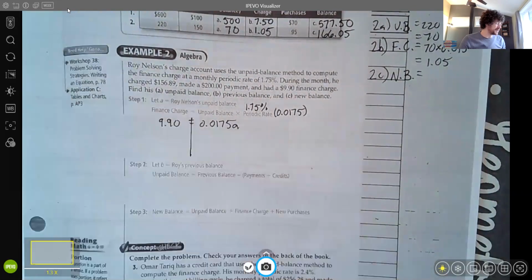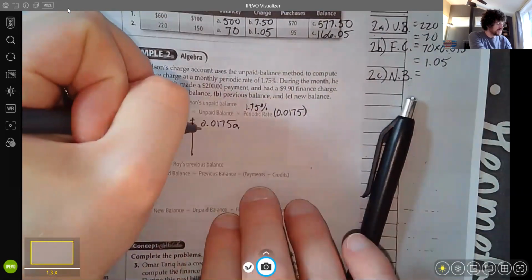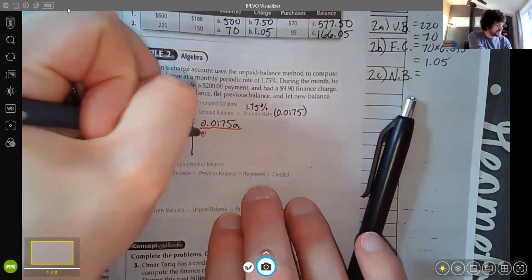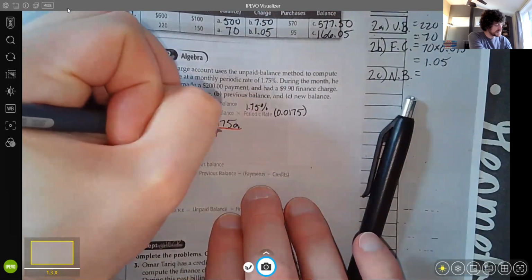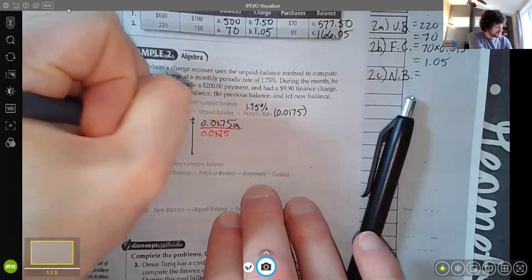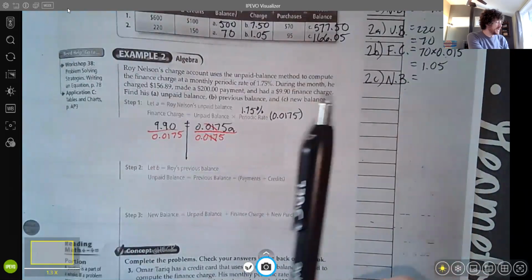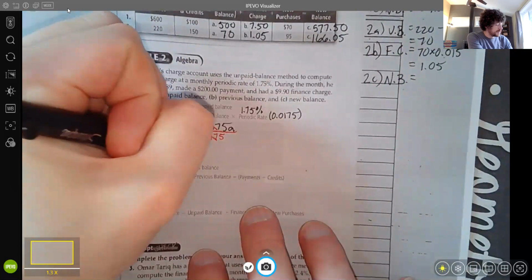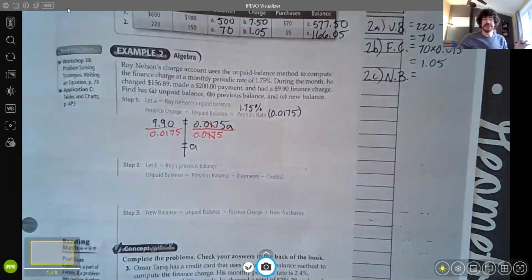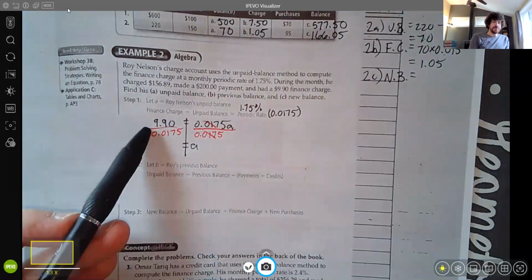To figure out the unpaid balance, because the finance charge is based on the unpaid balance, we're just going to divide to get A by itself. So we're going to divide by 0.0175, cancel there, divide by 0.0175 over here. And so A, the unpaid balance, it's going to be a pretty big number.